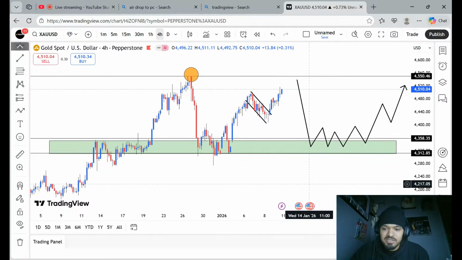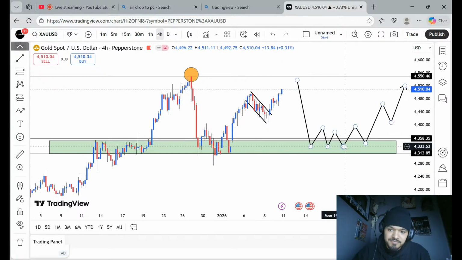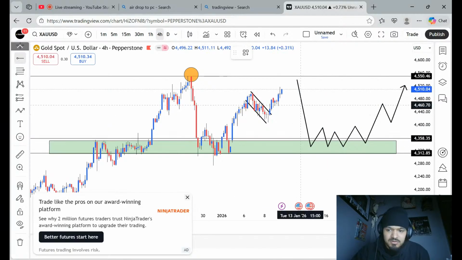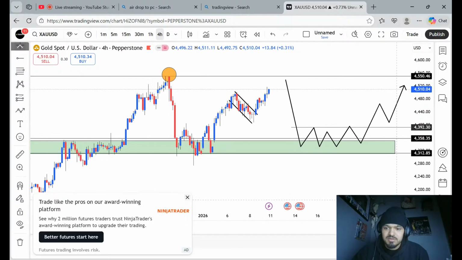When you're reading the chart and you're looking for certain things, if you see that there's a support level right here, look, there's a small area right here where price turned from a resistance area into a support level.